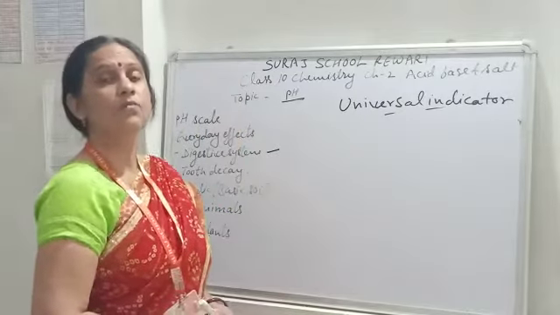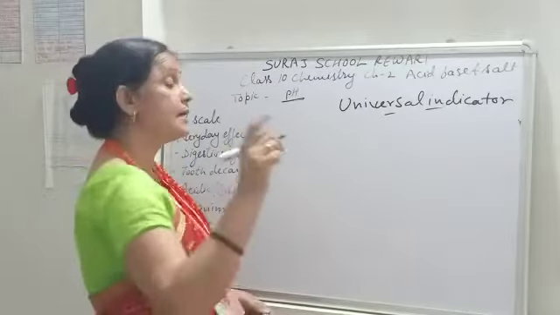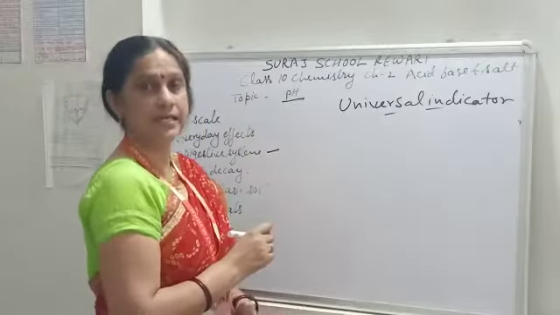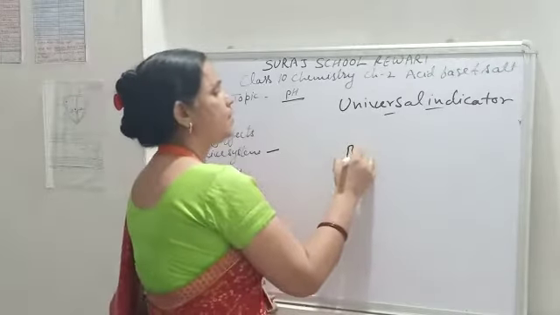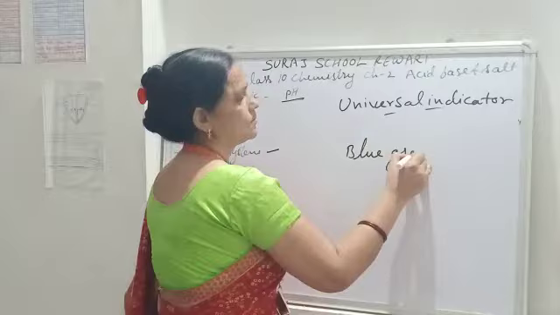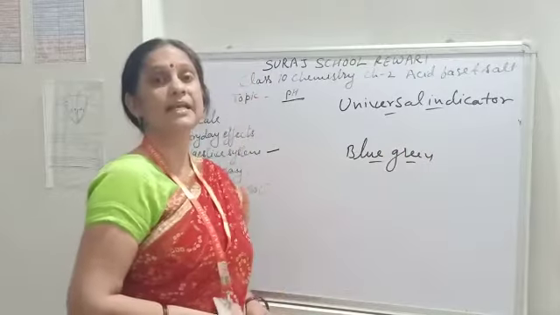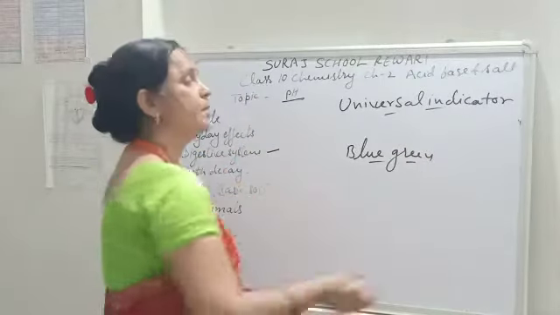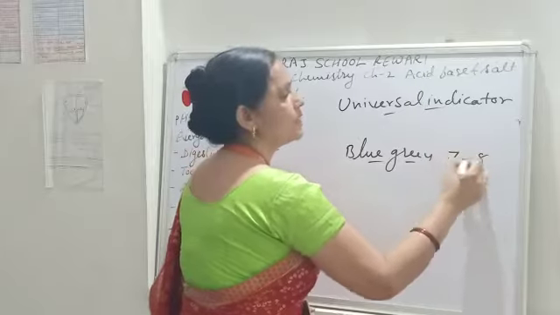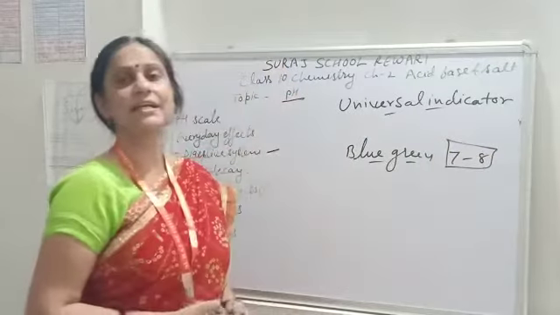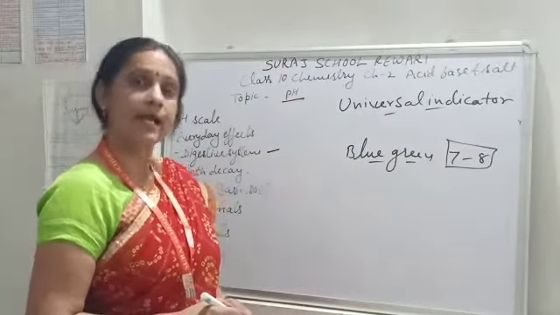Like if we add 1 or 2 drops of universal indicator in a solution and it gives blue-green color, then its pH range should be 7 to 8, means it is slightly basic in nature.